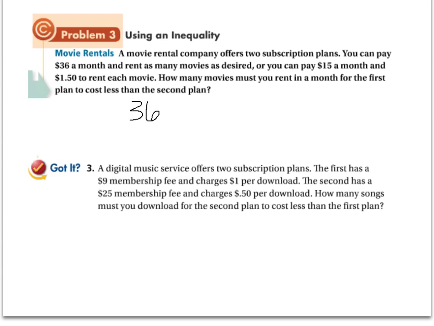Who can make that into an expression for me? 15 plus $1.50 for every additional movie. Kyra? Would it be 15 plus 1.50 times M? Yeah, perfect. And we'll use M just because M and movie kind of makes sense together, but any variable will be okay.